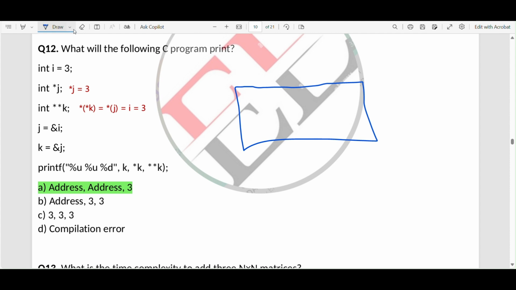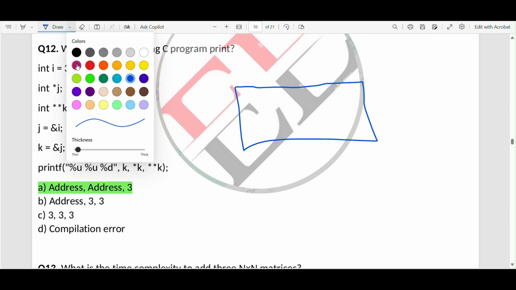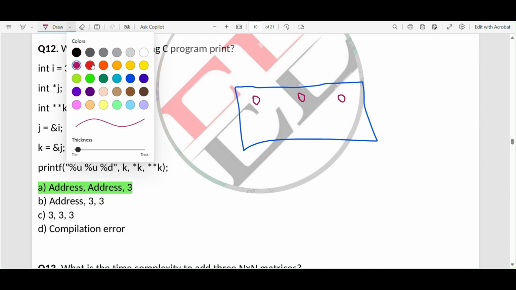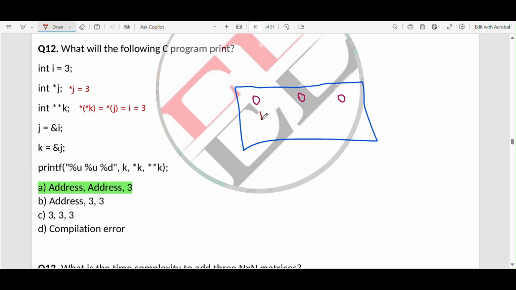Consider this as a memory, and inside this memory we'll have the variables. These variables will have some address, like our home has some address in the city.